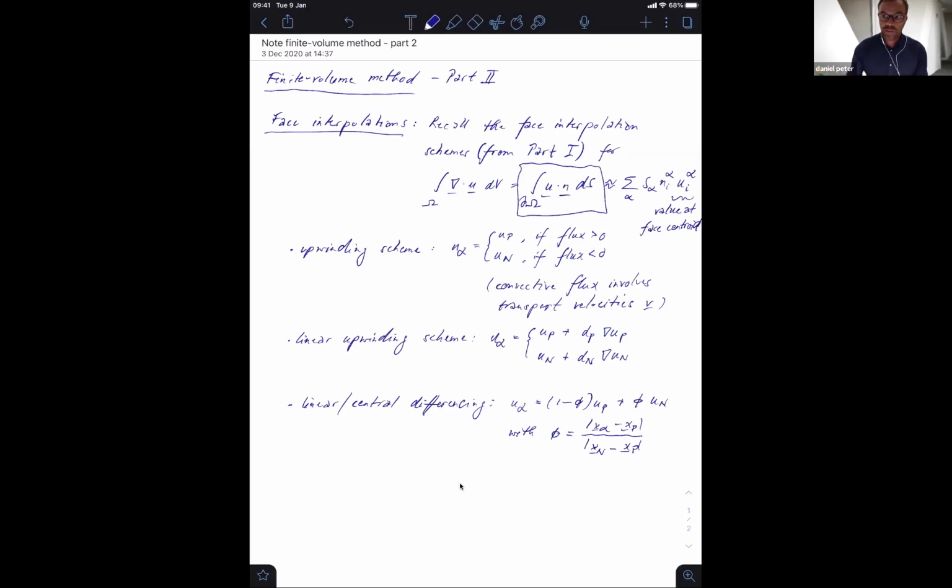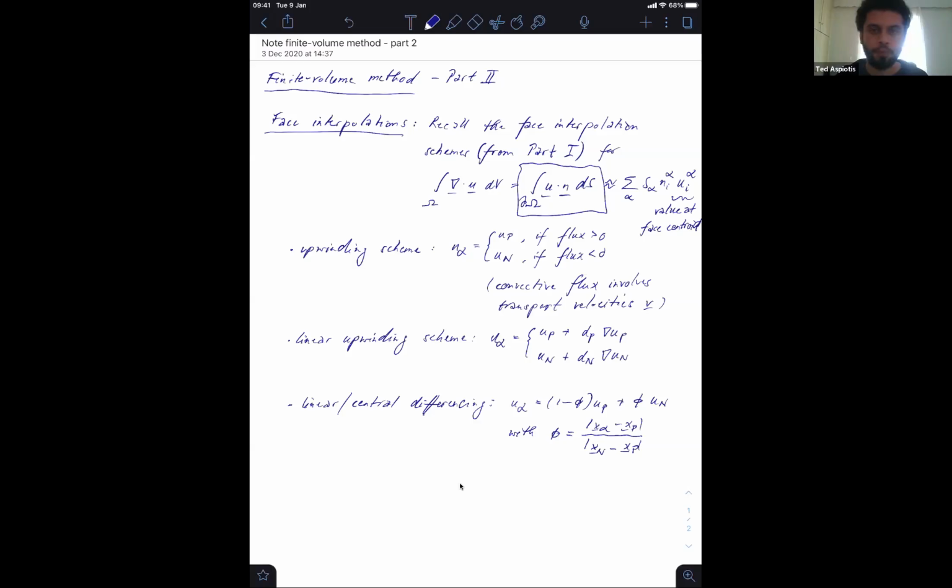So we had this volume integral over the cell of a quantity where u is our field, for example, the temperature field, dotted with the normal of the phase, and then integrate over the phase.